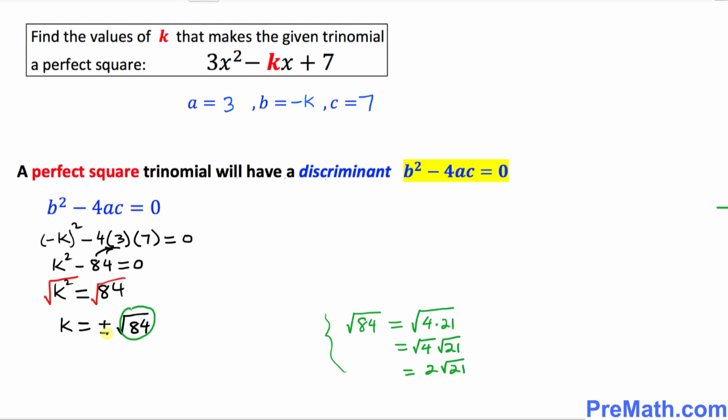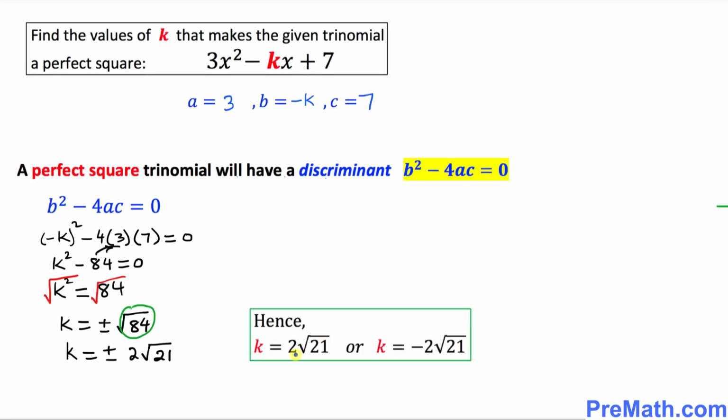So that means I can write k equals plus or minus 2 times square root of 21. So thus our k value turns out to be 2 times square root of 21, or k equals negative 2 times square root of 21, and that is our answer.